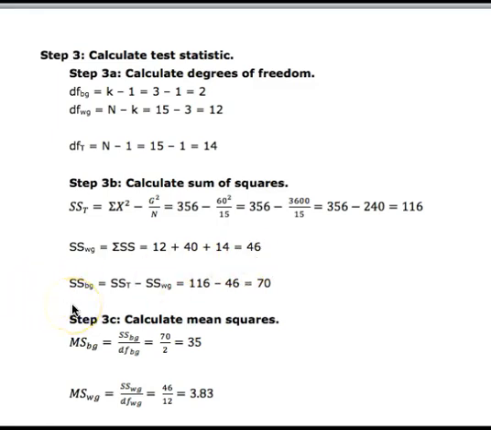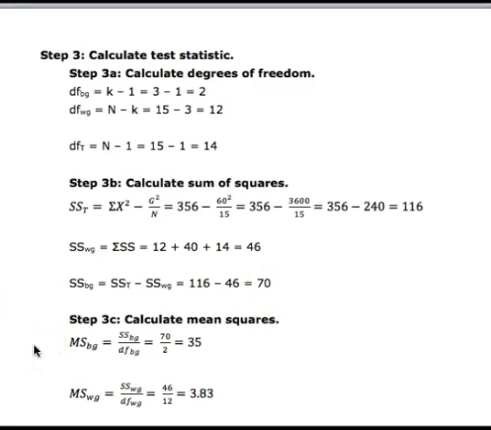Now you don't need to use that complicated formula for sum of squares between groups, because sum of squares total is equal to sum of squares between groups plus sum of squares within. So we can calculate sum of squares between groups by just taking sum of squares total minus sum of squares within group. So that's 116 minus 46, which gives us a sum of squares between groups equal to 70.